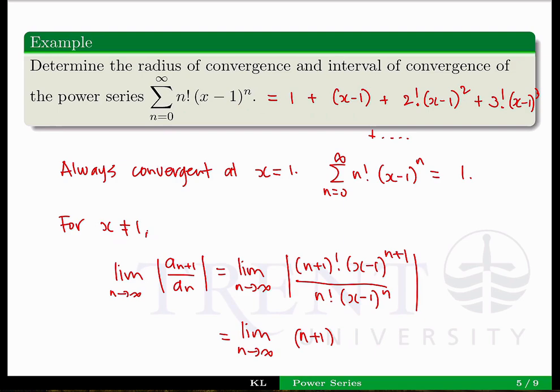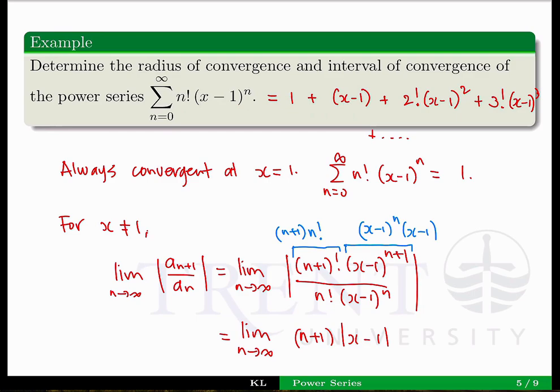Take note, you can write (x minus 1) to the n plus 1 as (x minus 1) to the n times (x minus 1), while (n plus 1) factorial you can write as (n plus 1) times n factorial. So n factorial you can cancel, (x minus 1) to the n you can cancel, and we will be left with (n plus 1) times the absolute value of x minus 1.